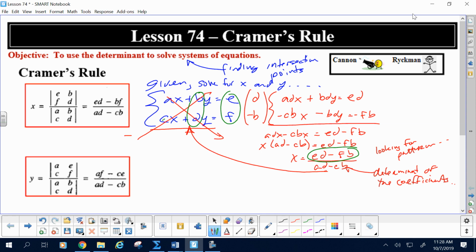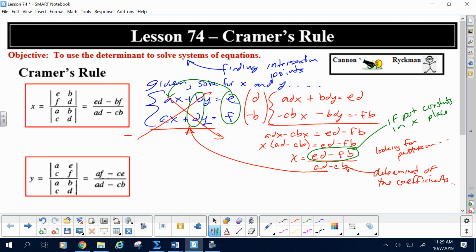And so it's like if you took this e and f and put it in those places, then wouldn't it be ed minus fb? In other words, this comes from if you put the constants in x's place, then you did the determinant. Now that is really Cramer's rule.